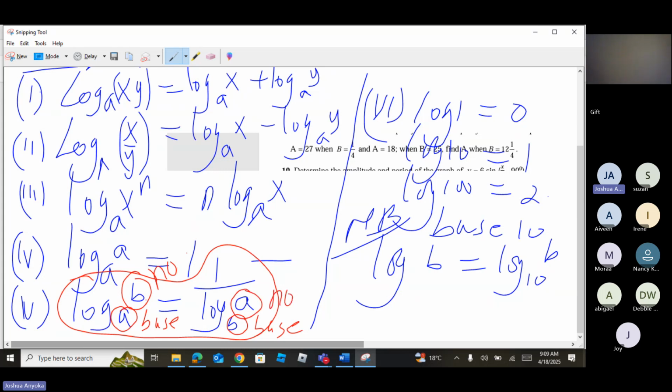The number. We are going to have some questions that we are told to simplify the logarithm of 2 to base 3 plus the logarithm of 3 to the base of 2. How can we simplify this expression?